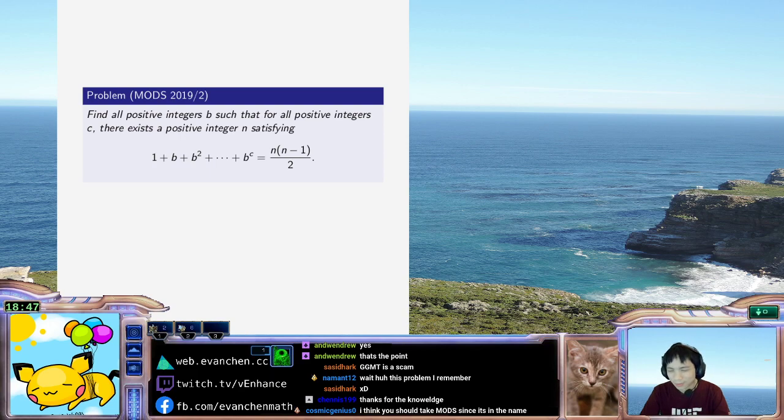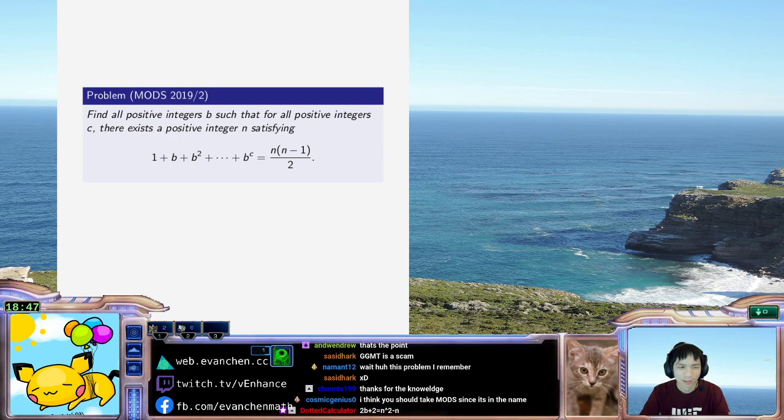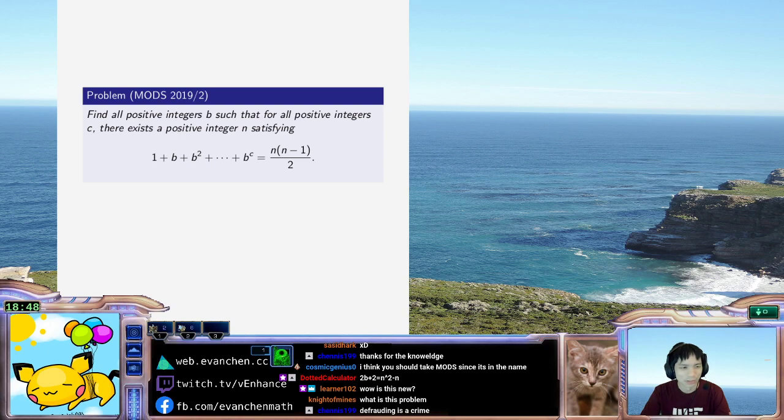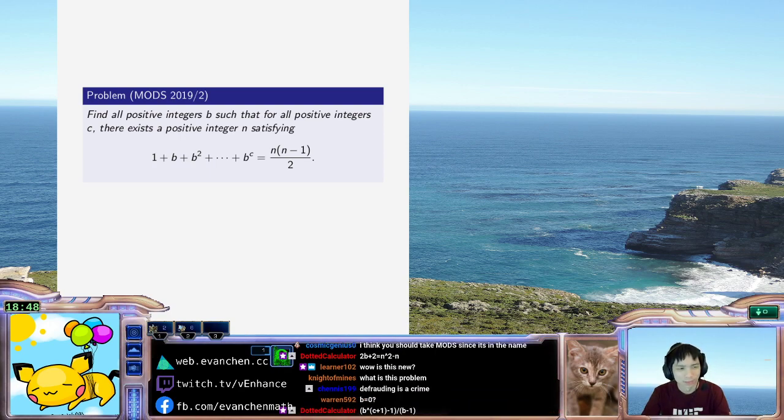This feels... Really? Is there any b for which this is true? I have a really hard time believing that. You can always get a triangular number. Okay, well, the problem says positive, right?